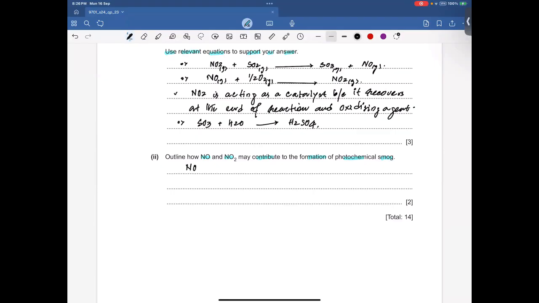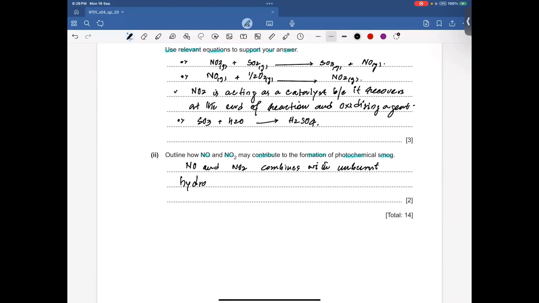NO and NO2 combine with unburnt hydrocarbons to give photochemical smog, which is also called peroxyacetyl nitrate.